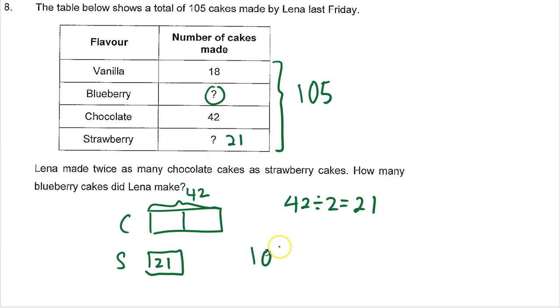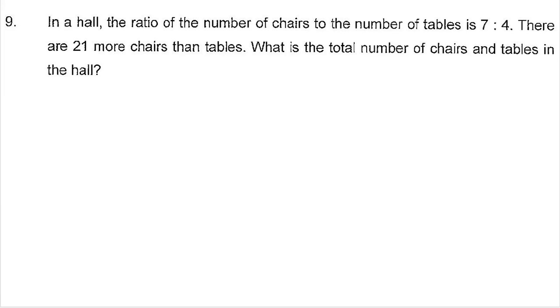So I will take the total minus the vanilla, minus the chocolate, minus the strawberry with my calculators, and I'll be able to get the final answer, 24. Again, don't be tempted to use workings. Calculators are there with you. So the answer is 24.